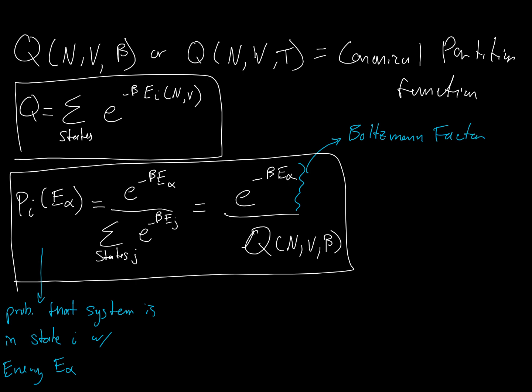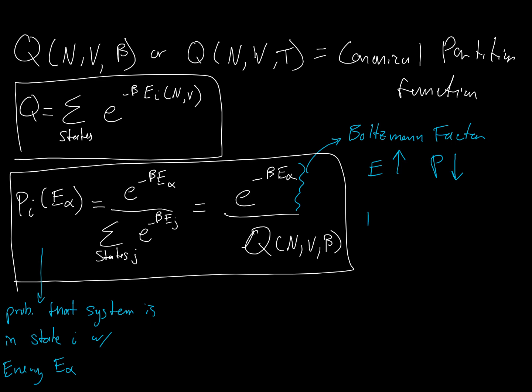And you may have encountered this before in your research or maybe undergraduate studies. But basically what this tells us is that as the energy of your system increases, the probability decreases. It's an exponential decay, in fact. So if you're trying to figure out which of the two systems is a more likely one to be in, the higher the energy, the less likely it's going to be in that particular system.